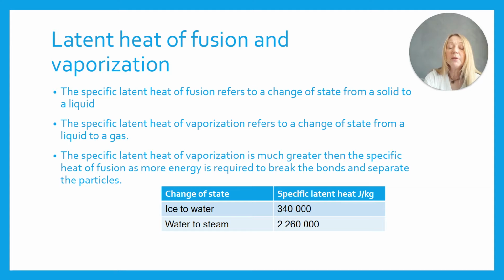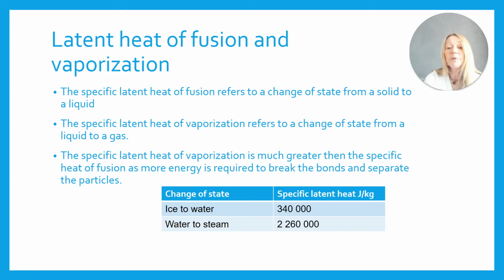Now, as we saw from the graph, there are two changes of state. The first one is from a solid to a liquid, and this is called the specific latent heat of fusion. When the material changes from a liquid to a gas, we have the specific latent heat of vaporization.